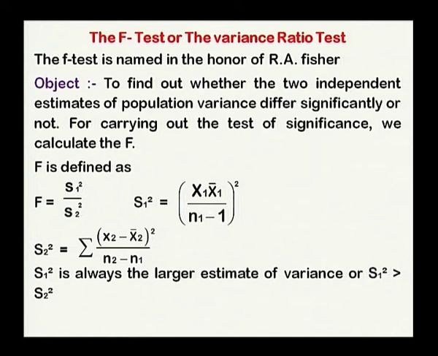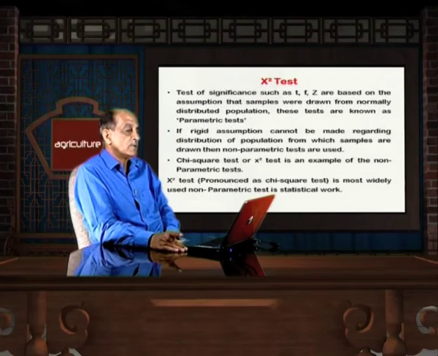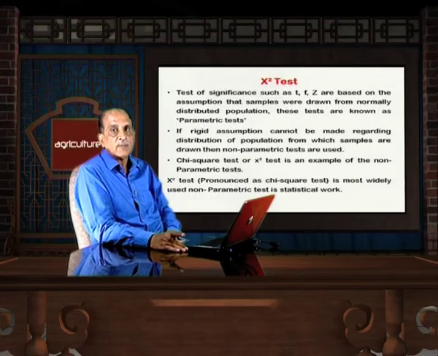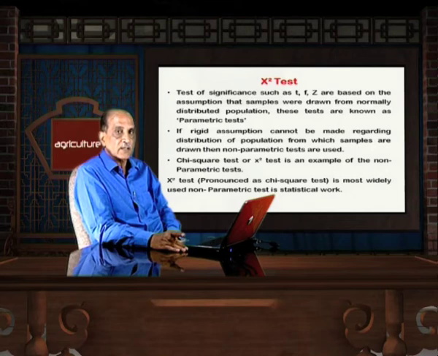Now, S2 square is equal to the summation of x2 minus x bar 2, squared, divided by n2 minus 1. S1 square is always the larger estimate of variance, so we can say that S1 square is more than S2 square.